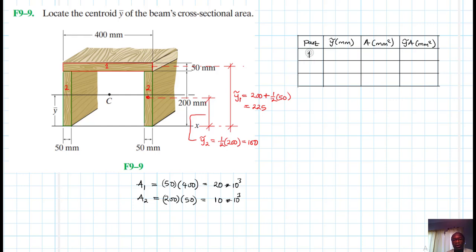So we have 1, we have 2, and we have summation.